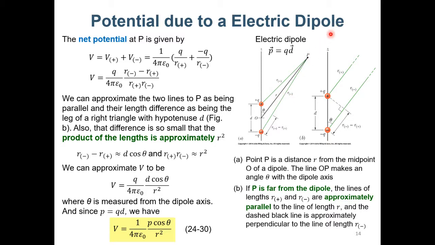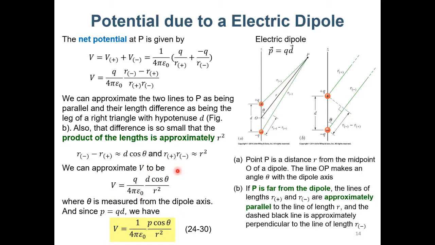But if P is far away enough, then we can approximate they are the same. But we cannot approximate R plus minus R minus as 0 for this term. Otherwise, it will be 0, and then it means nothing. So we substitute these two terms into here.